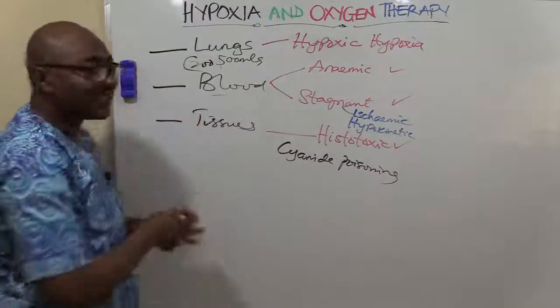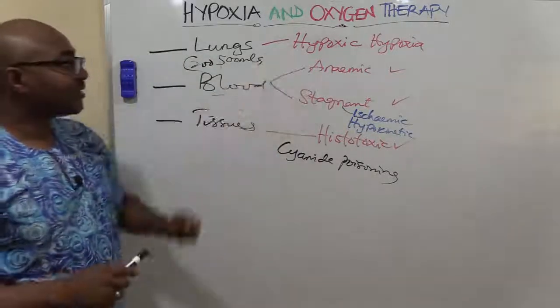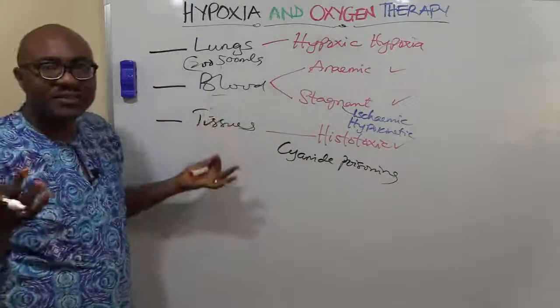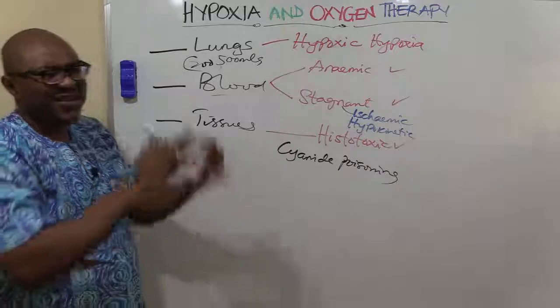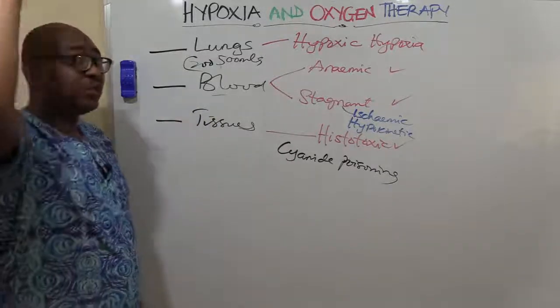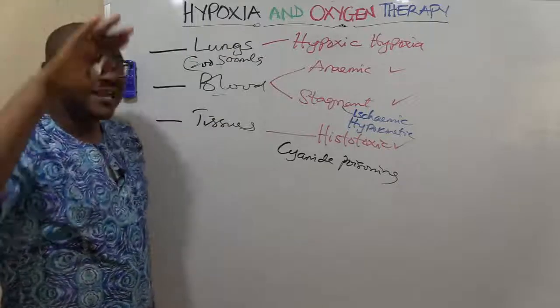We talked about the fact that one of the things that causes hypoxic hypoxia is low oxygen tension in the atmosphere. There's not enough oxygen. A very good example is a very crowded small space, or high altitude. The higher you go, the less the partial pressure.